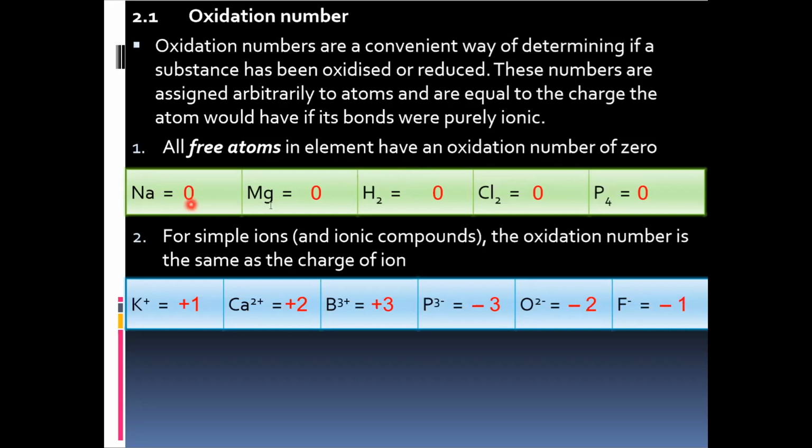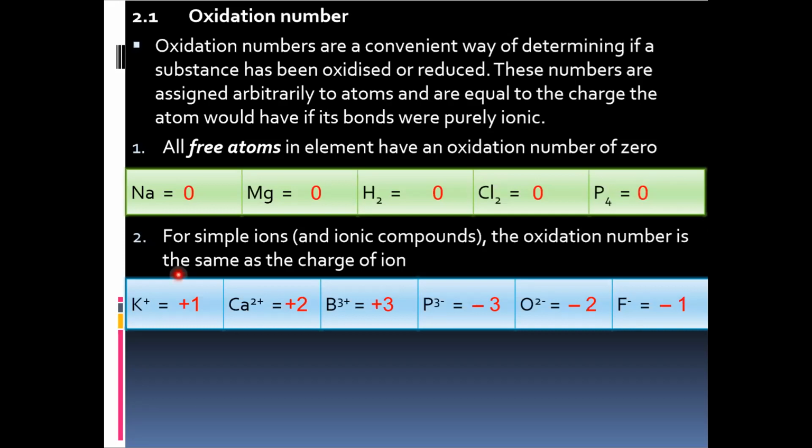This magnesium also would be 0. This is a hydrogen molecule. The hydrogen molecule here is not carrying any charge, so therefore it's going to be what? 0. This chlorine molecule, this is going to be 0. This phosphorus is also going to be 0 because they are free atoms. So whenever you see a free atom in a chemical equation that does not have any charge on it, then the oxidation number is 0.